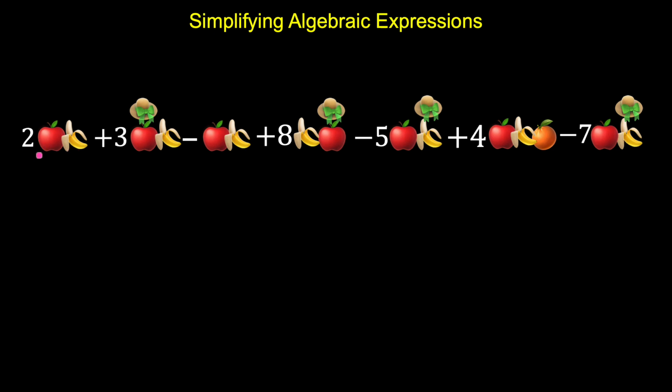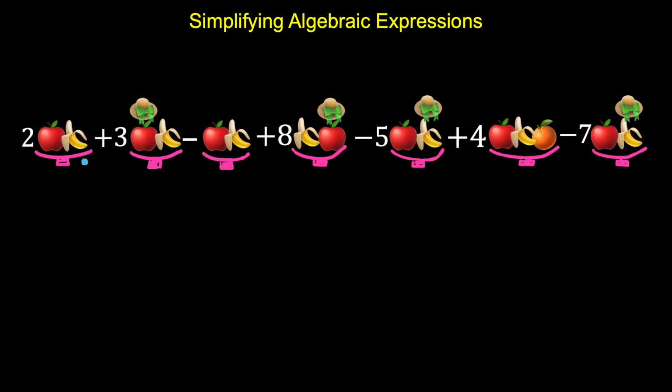For the first term, we have 2 variables or fruits multiplied by each other, so we need to consider it in a basket. And for the next term, we have apple with hat and banana, so we need to consider it in a basket. And as you can see, for all terms of the expression, we need to put them in a basket because all of them include 2 or 3 fruits multiplied by each other.